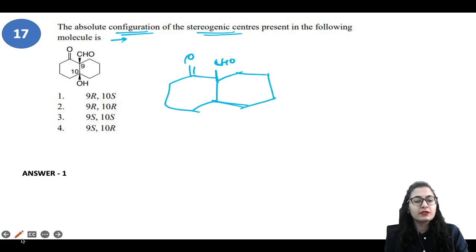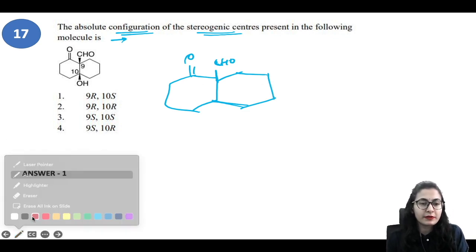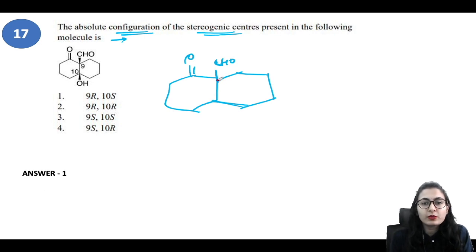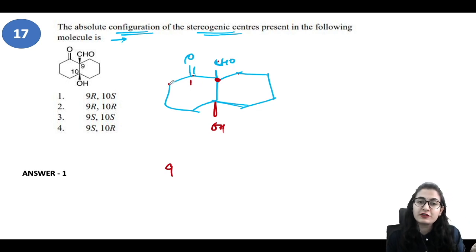Yeah, right. So first of all, guys, we are going to give the first priority to this particular carbon. Let's find for the ninth carbon. According to this, we have 1, 2, 3, and 4 different groups which are connected to it. The first priority will be given to this carbonyl which is connected to a CH2.